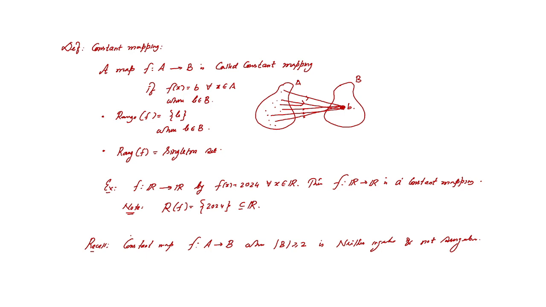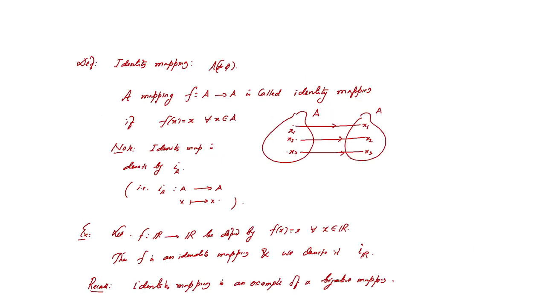Now we come to another important recall: restriction mapping. Now next we'll talk about restriction mapping. So let A and B both be non-empty sets, and S is a non-empty subset of A. This is also non-empty.